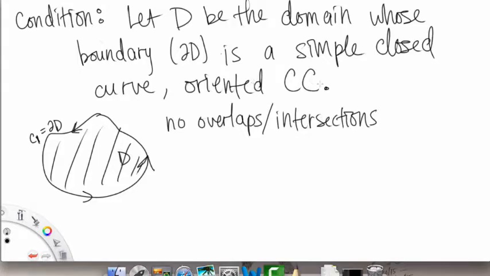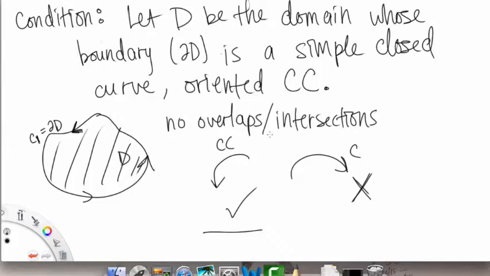And it says oriented counterclockwise. That just means your arrows are pointing opposite to the clockwise direction, so it's basically going this way around. That's counterclockwise, and clockwise would be this way, which is not what we want normally. The conventional way is just counterclockwise for some reason. Anyways, that's the important condition to keep in mind.